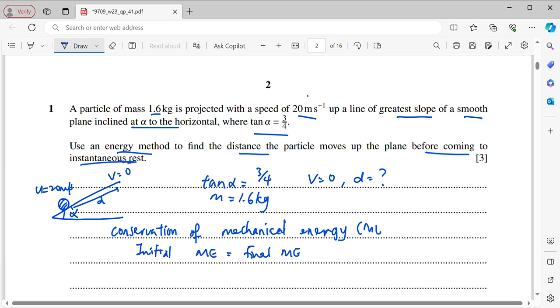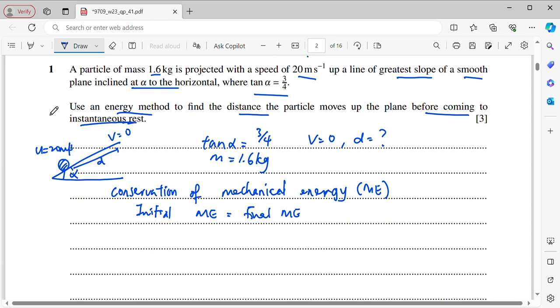The initial mechanical energy is the initial kinetic energy plus the initial gravitational potential energy. Then for final, the ME will be the final kinetic plus final potential energy.